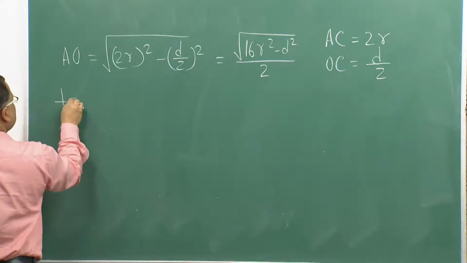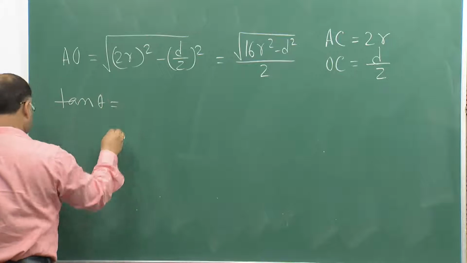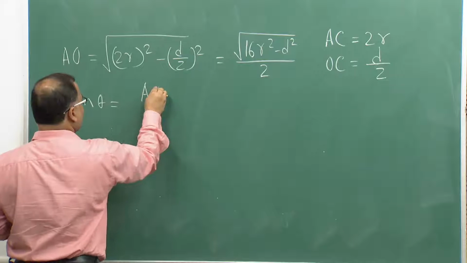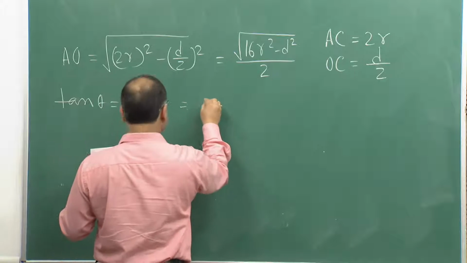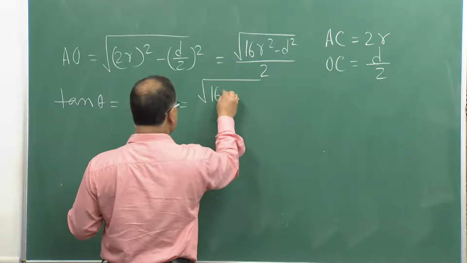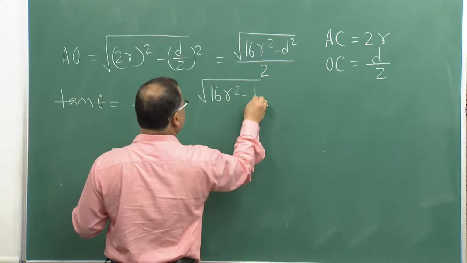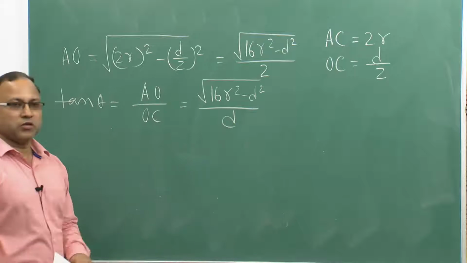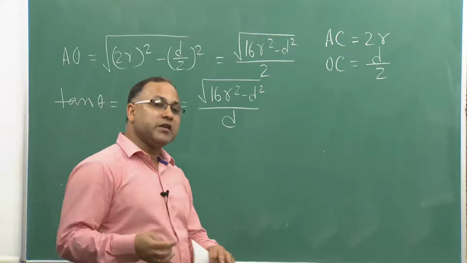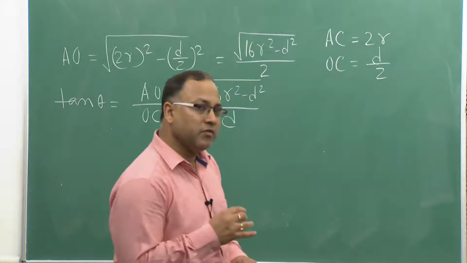Similarly, tan theta is AO by OC, which, putting in the values, is root over 16 r squared minus d squared, by d. These are the geometric configurations we have got from the figure.